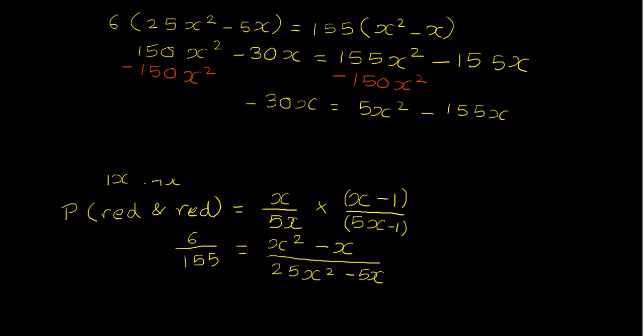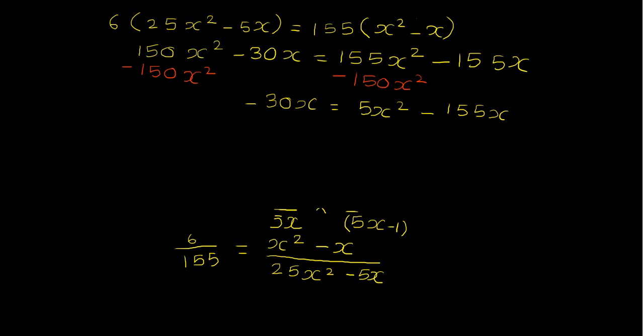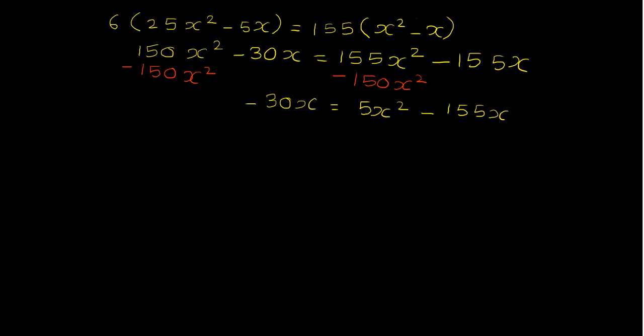Here you go, and then I'm going to add 30x both sides. So on this side I'm going to be left with 0, and I'm going to have 5x squared minus 125x.